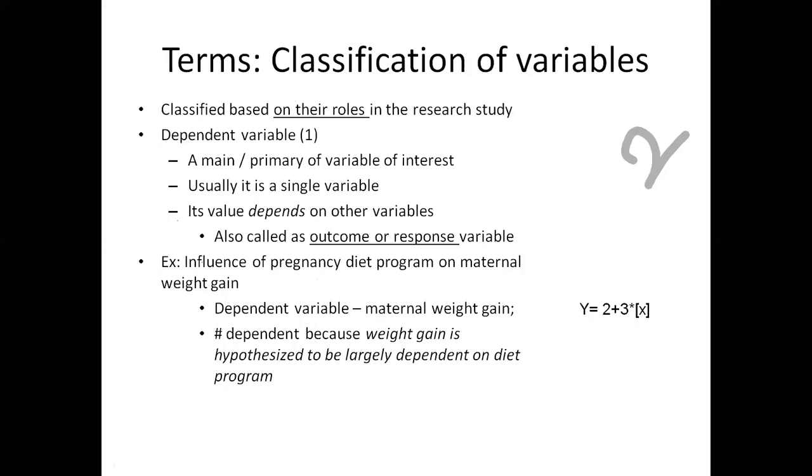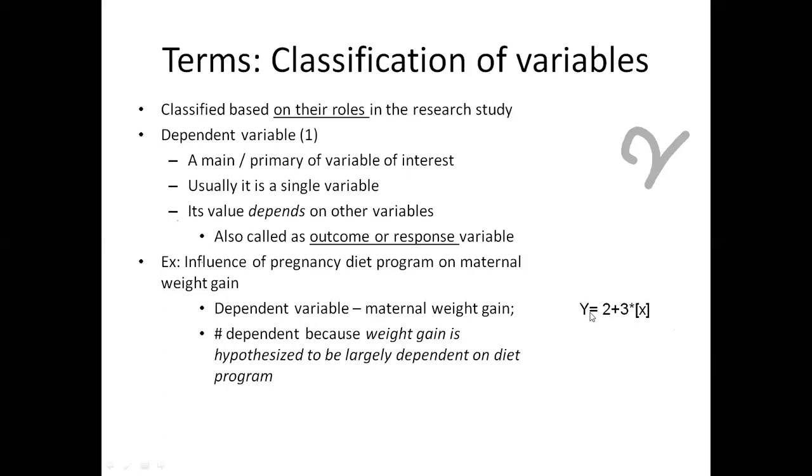So that's the first thing. We must be able to classify a given variable as whether it is a dependent, outcome, or response variable. You can also look at the equation here. Generally we consider this y as a dependent variable because the value of y depends on whatever the value of x is, right? So if you know the value of x, you'll be able to predict what the value of y would be.